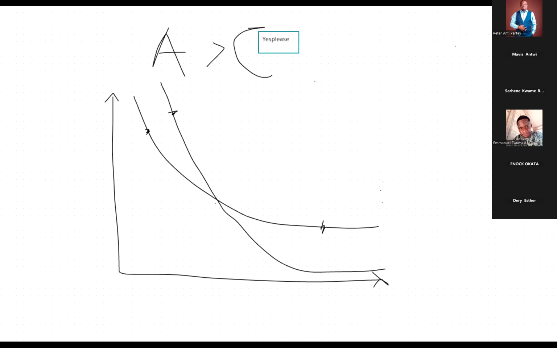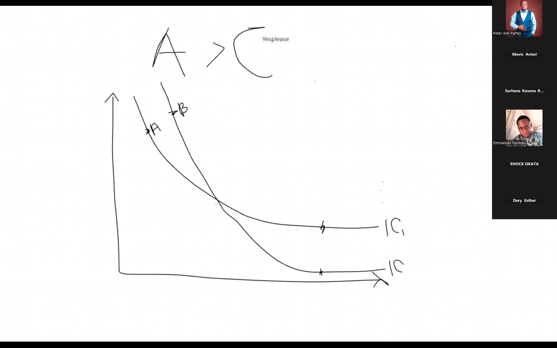So if you have a point here and you say this is A, and then the point here and you say this is B, you are saying that the satisfaction derived from consuming B is greater than the satisfaction derived from consuming A because point B is higher than point A. Okay, but point B crosses the indifference curve. Let me name this one IC1, and then name this IC2.